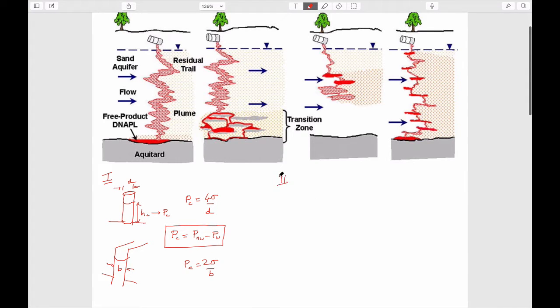The second way we looked at it was that instead of taking this system and thinking about a single capillary that maybe would represent this, you could imagine that this might be a single capillary tube as a pathway between these grains.